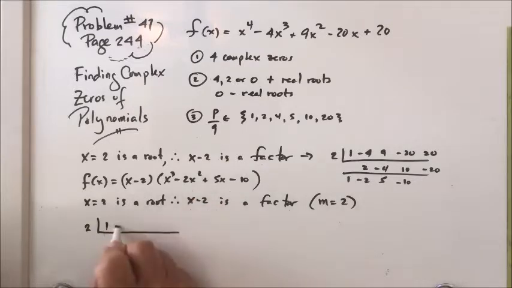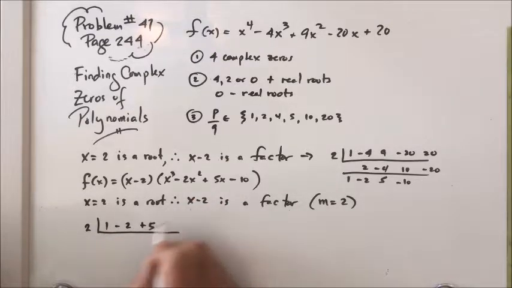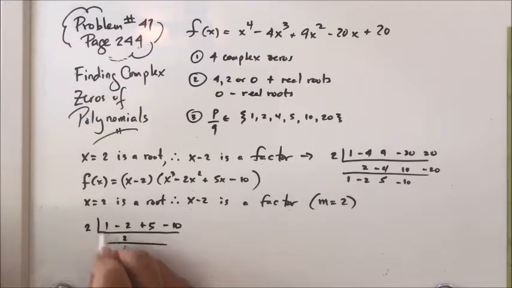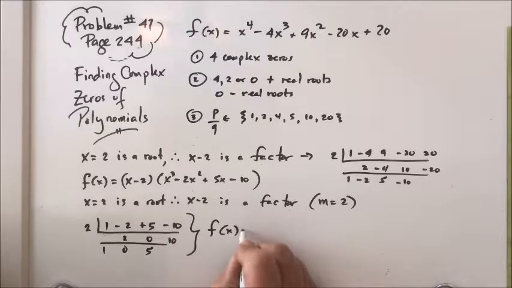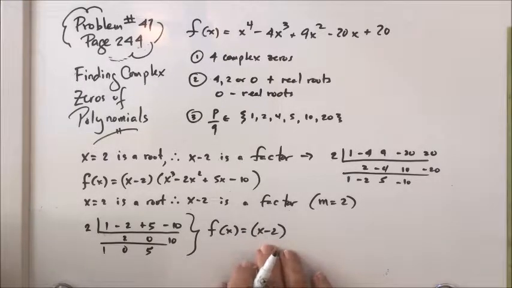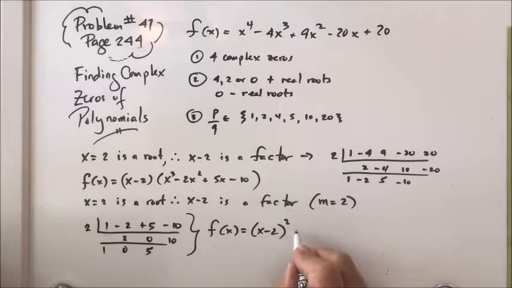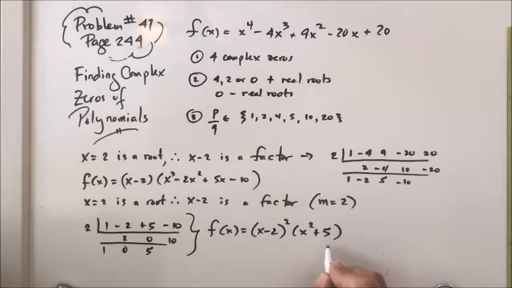I've got a 1, a minus 2, a plus 5, and a minus 10. Drop down the 1. 0, 5, 10. And so, again, we're just speeding through this, but we can now write f of x as x minus 2, x equals 2 is a root with multiplicity 2, and what we're left with is x squared plus 5, right?